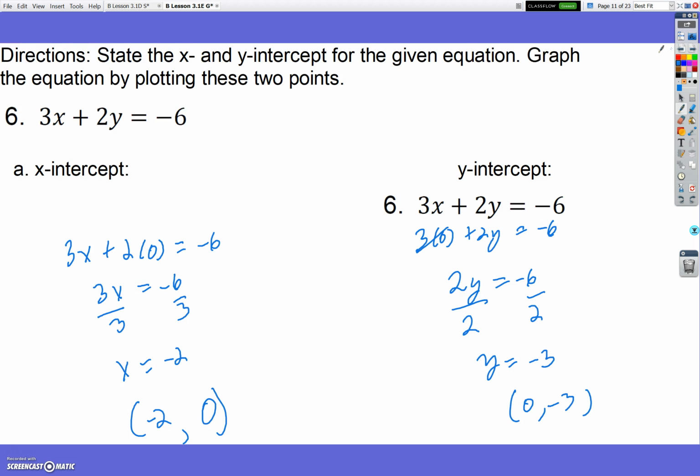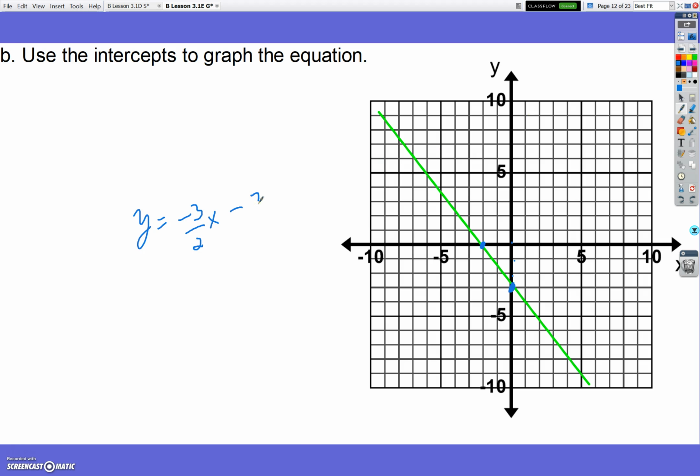My y-intercept is my b value. So on the graph, I would start at the origin and go down 1, 2, 3, and that's the same spot, so we're good there. To get more points, I need to go down 3 over 2. So if I go down 1, 2, 3, and then over 1, 2, my line I drew a little crooked, but that should line up if I drew it correctly.